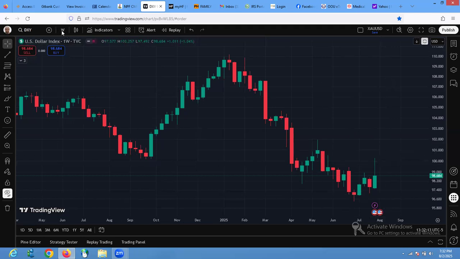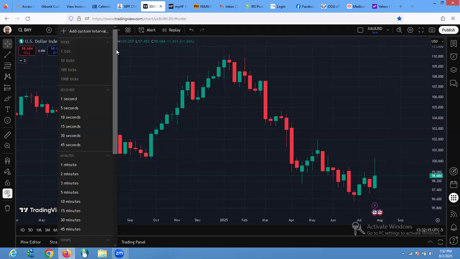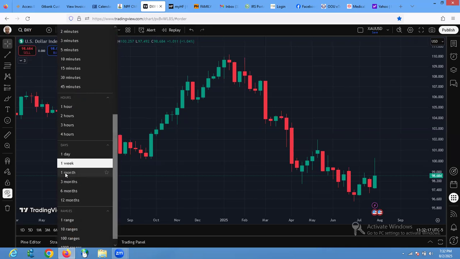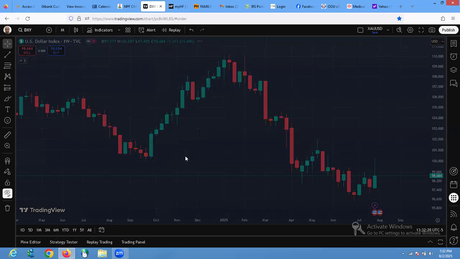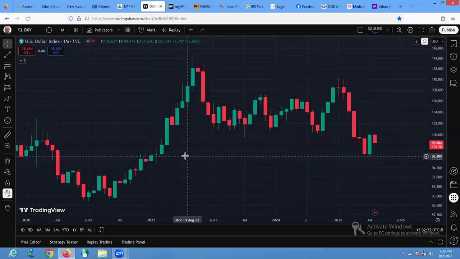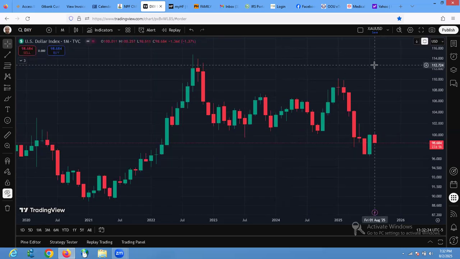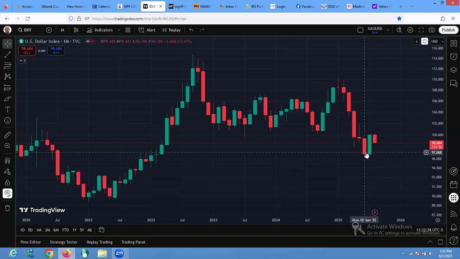Let's look at the move of this market in the monthly candle format. Now, seeing the monthly candle, one thing we will notice here is that the bears took this down. Immediately, the bulls came to form a solid candle above this.